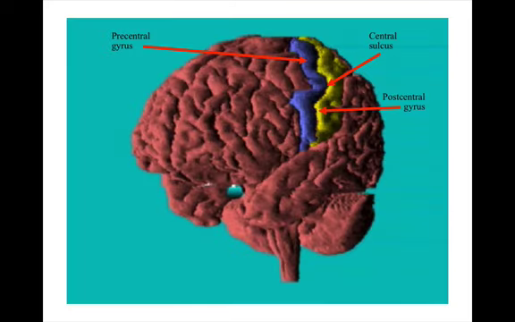As I mentioned earlier, the central sulcus, with the precentral gyrus anterior to the sulcus and postcentral gyrus posterior, tend to be present in all brains. The postcentral gyrus, in yellow towards the back of the brain, is where sensory input derived from touch and body position first arrives in the cortex, coming in via the thalamus.